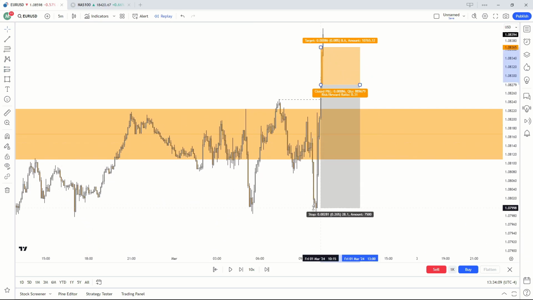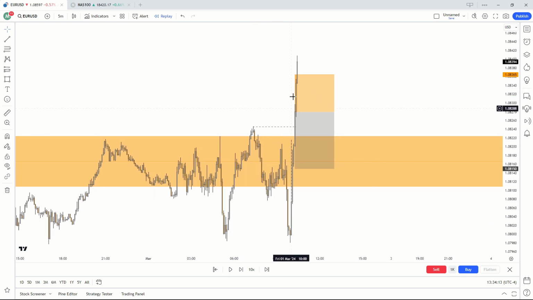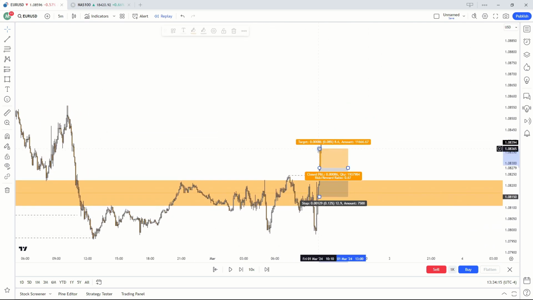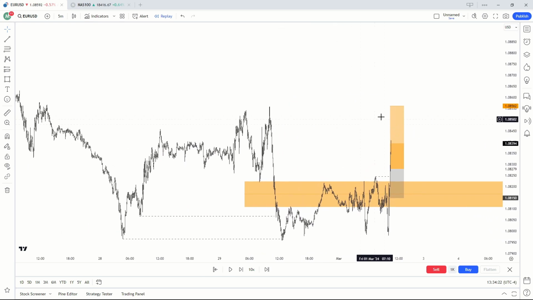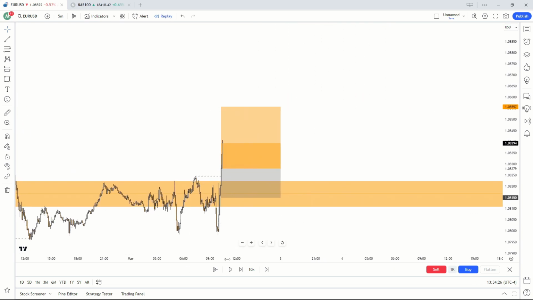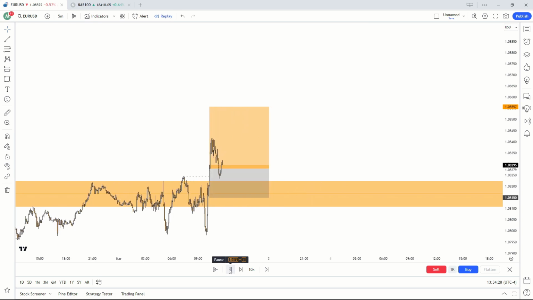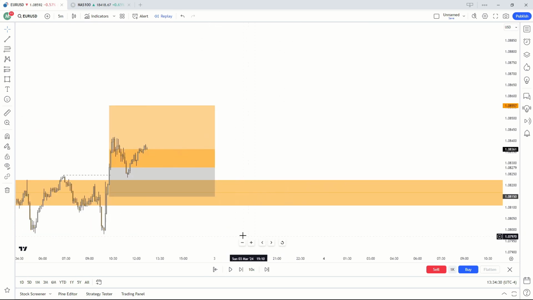From here, we are going to place our stop loss below this low right here, as it is quite a big stop loss. So we are giving our trade room to play around in. As for take profit, guys, simply place your take profit at the high right here. Now, if I do play out market, as you can see, we do end up getting a little bit of drawdown.